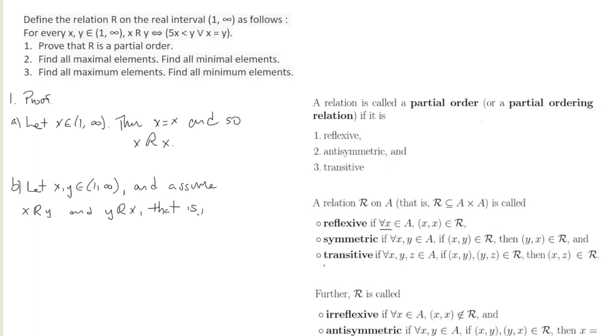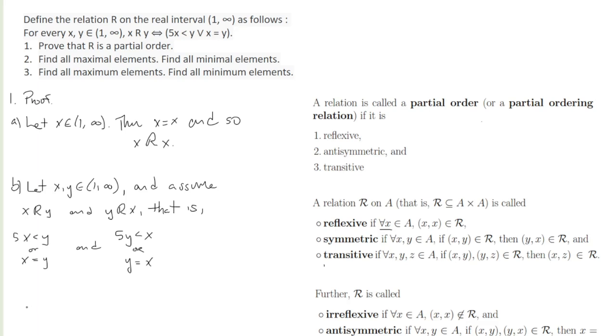Well, what does it mean that x is related to y? It means 5x is less than y, or x equals y. And y is related to x. That means 5y is less than x, or y equals x.